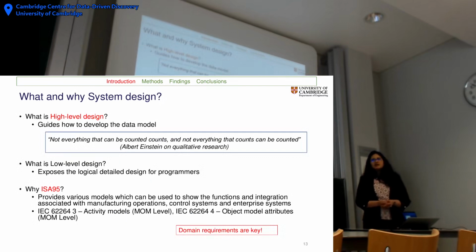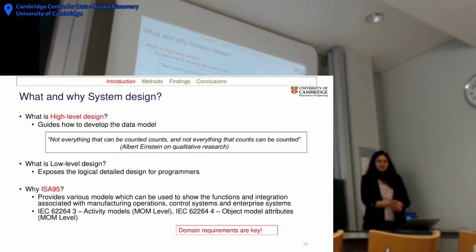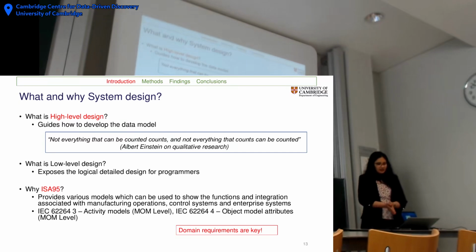And how does information system needs development? The development of IS involves system design, and system designs are of two types. One is very high level, the other is very low level. The highest level is like a blueprint, and it should guide the designers on how to develop the data model.